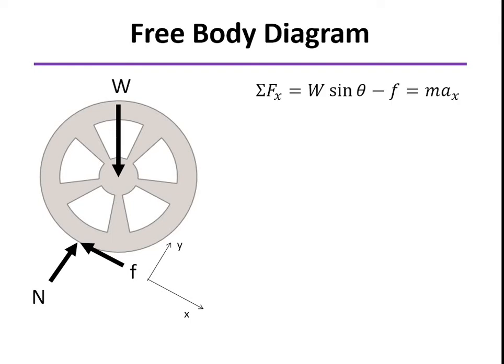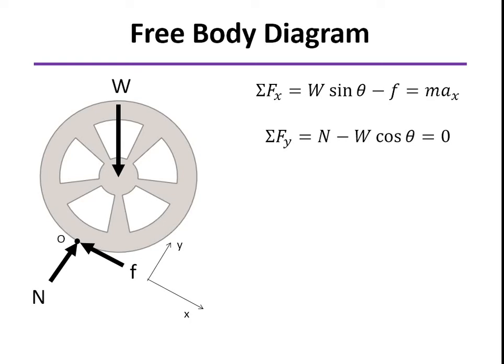For it to be able to roll, there's got to be this friction force. We can sum forces in the x direction, which will involve the friction force and the acceleration in the x direction. And to be perfectly correct here, I should have put the acceleration of the center point in the x direction. In the y direction, there's no motion, and so we can set the sum of the forces equal to 0. And now for our moment, we've got a choice.